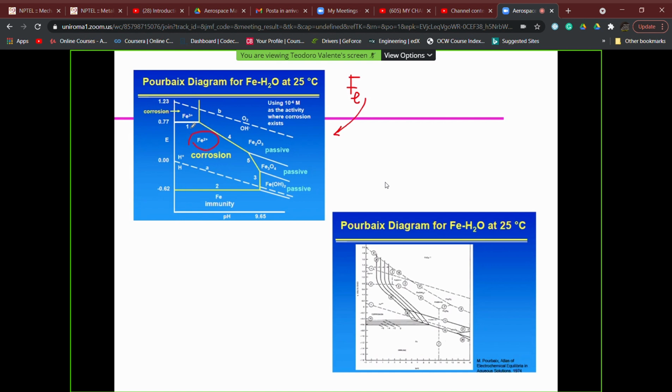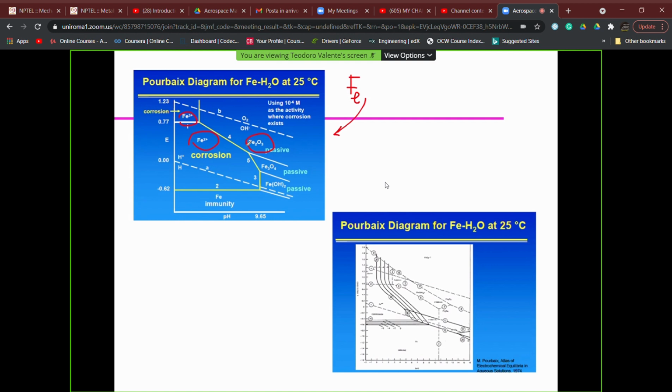This means that these are areas in which thermodynamics tells us that corrosion can happen. This is one, this is another one, or areas in which, for example, we can have the formation of stable compounds, not ions, like iron oxide in this case, which means that in those cases, since the ion form is not stable, the corrosion cannot happen.